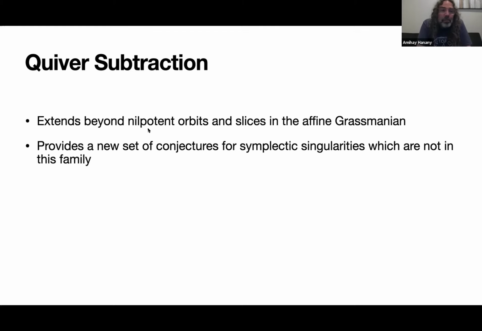And the most important thing is that it extends beyond nilpotent orbits. It reproduces what we know from nilpotent orbits and what we know for slices in the affine Grassmannian, but one can do it for symplectic singularities which are not in this set, and then get a whole set of conjectures and their corresponding symplectic leaves.